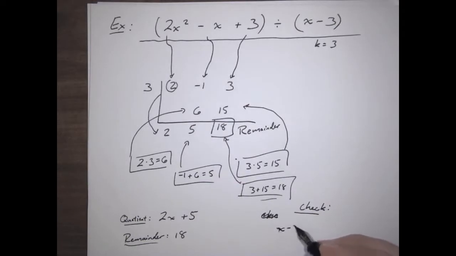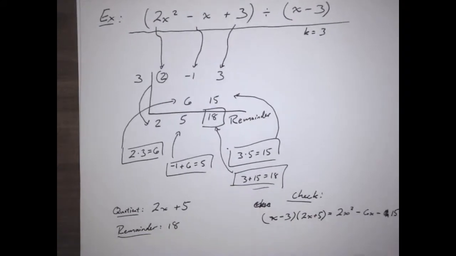So x minus 3 times 2x plus 5 is equal to 2x squared plus 5x minus 6x, and then minus 15, let me say minus 15.